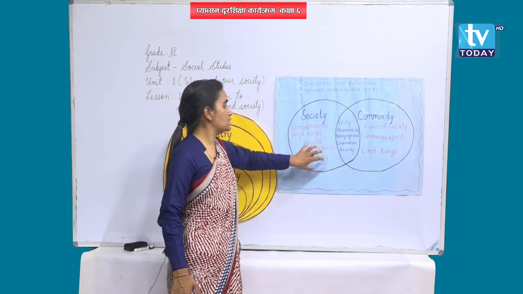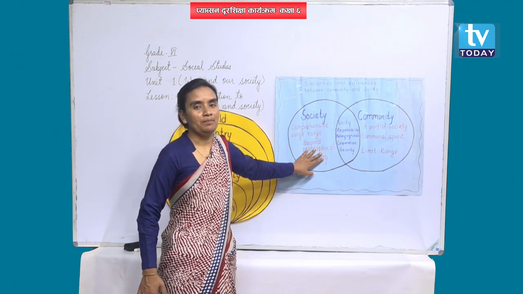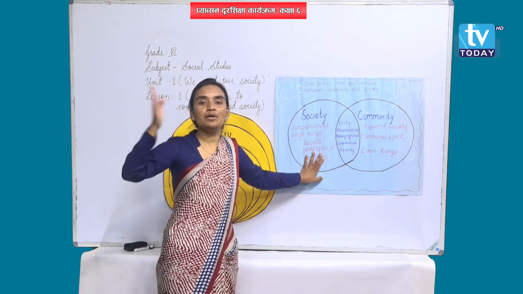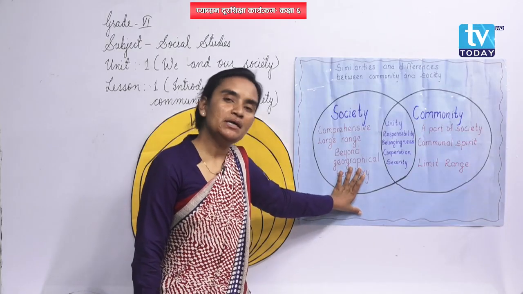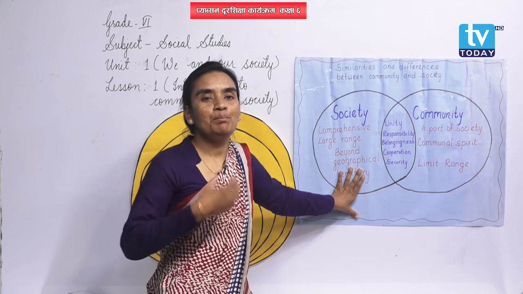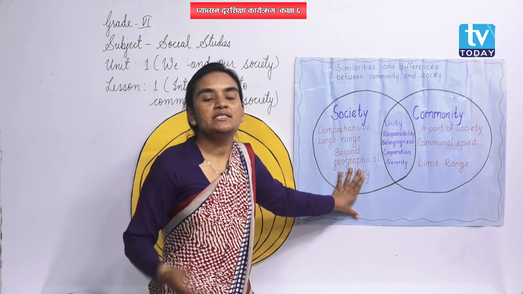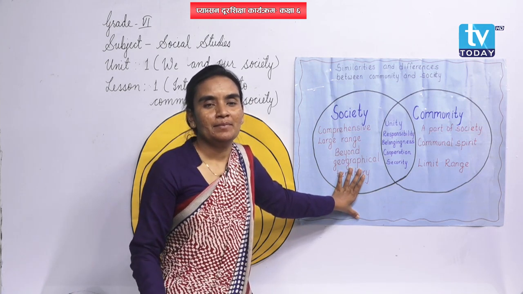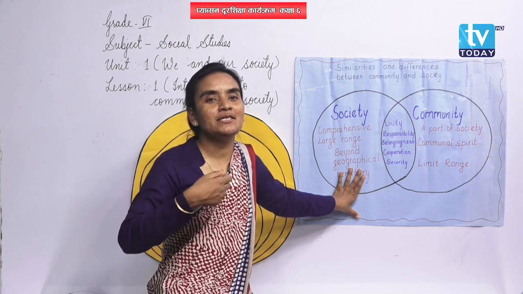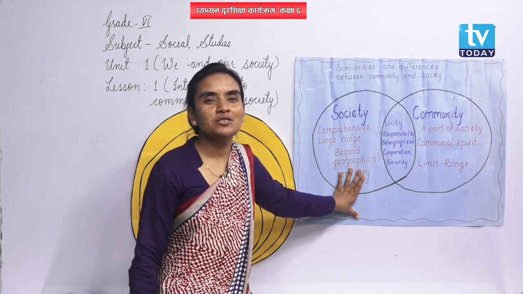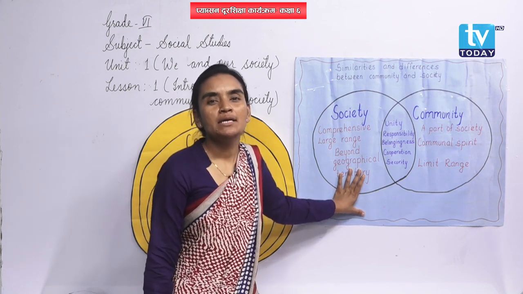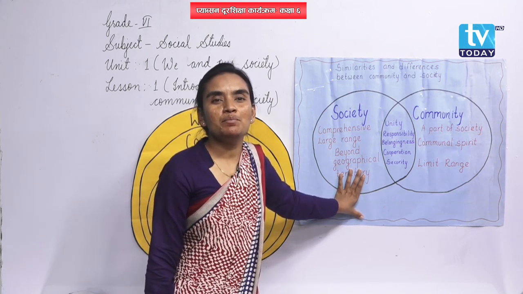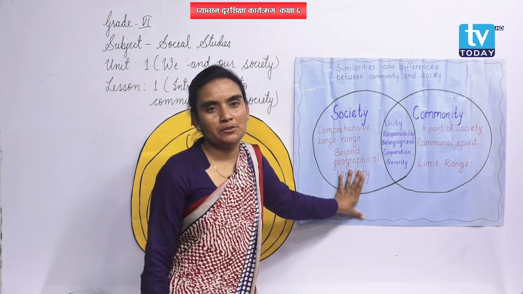So this is also an example, because they have migrated beyond their territory to another area, but they still try to be combined together. They share their feelings. Feelings can sometimes be happiness, sometimes grief, sometimes other aspects.